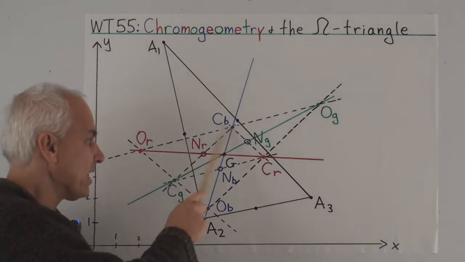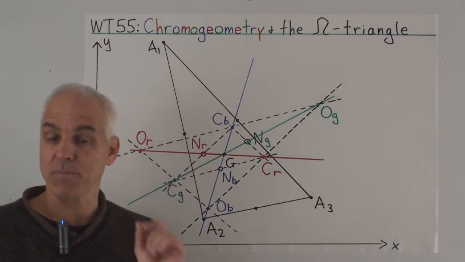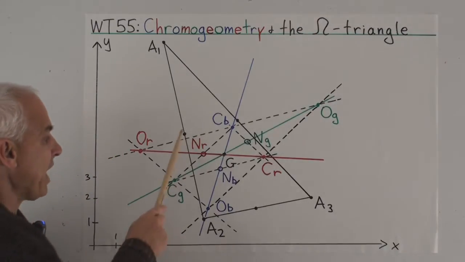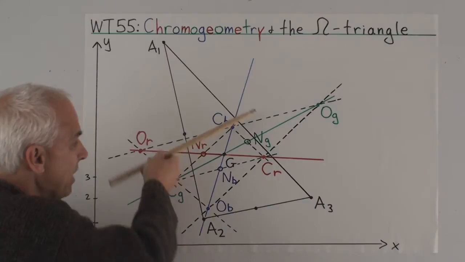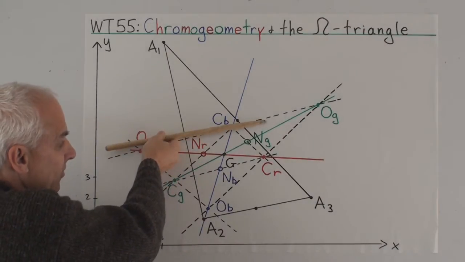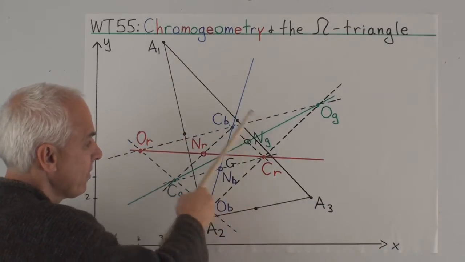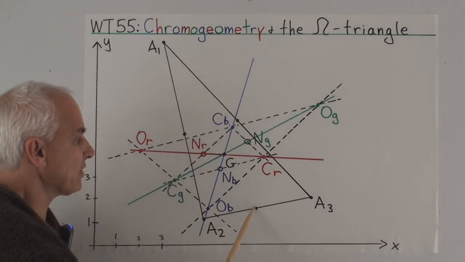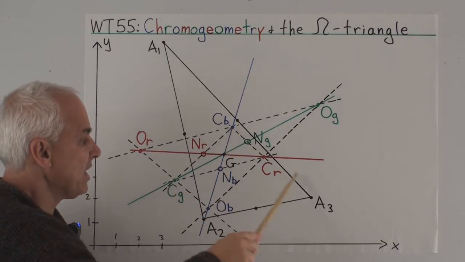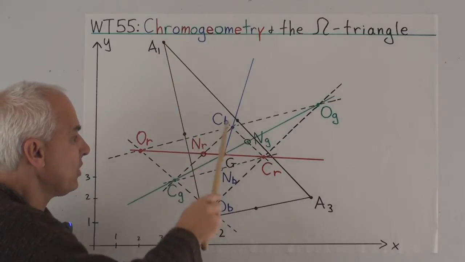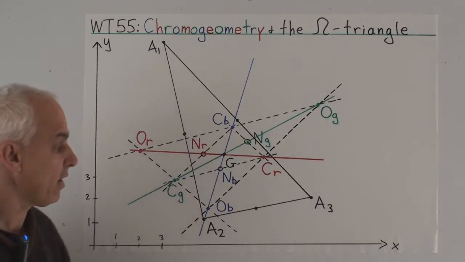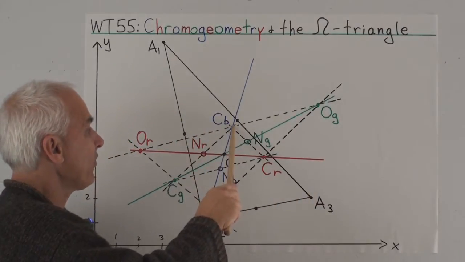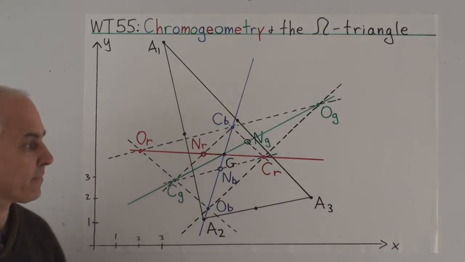The circumcenter is the intersection of the perpendicular bisectors of the triangle, and those are the lines that are emanating from the midpoints and perpendicular to the sides. Because it's on each of the perpendicular bisectors, this circumcenter is equidistant, or equiquadrant, to each of the 3 points of the triangle, and so there's a unique circle going through the 3 points which has its center here.